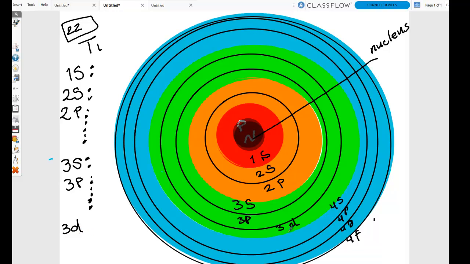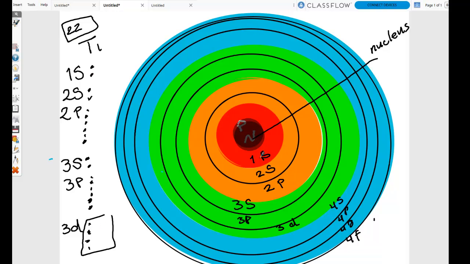Let's count how many we have: 1, 2, 3, 4, 5, 6, 7, 8, 9, 10, 11, 12, 13, 14, 15, 16, 17, 18. So how many are left? 4. So 3d will take the remaining 4 because it's 22.